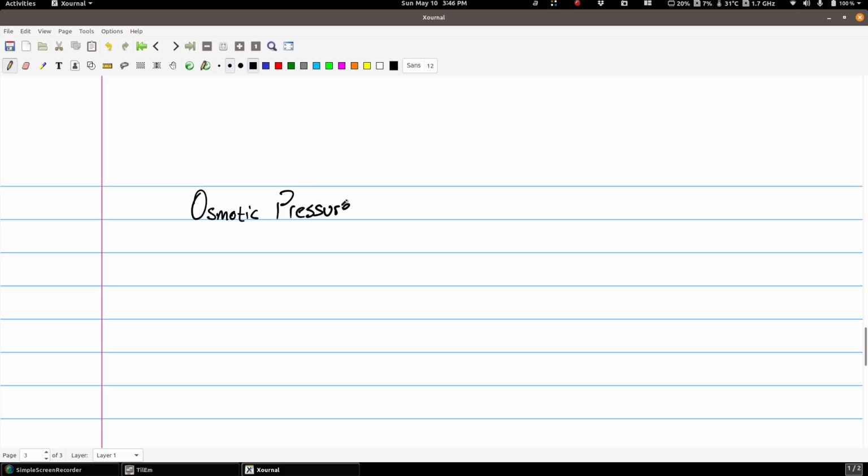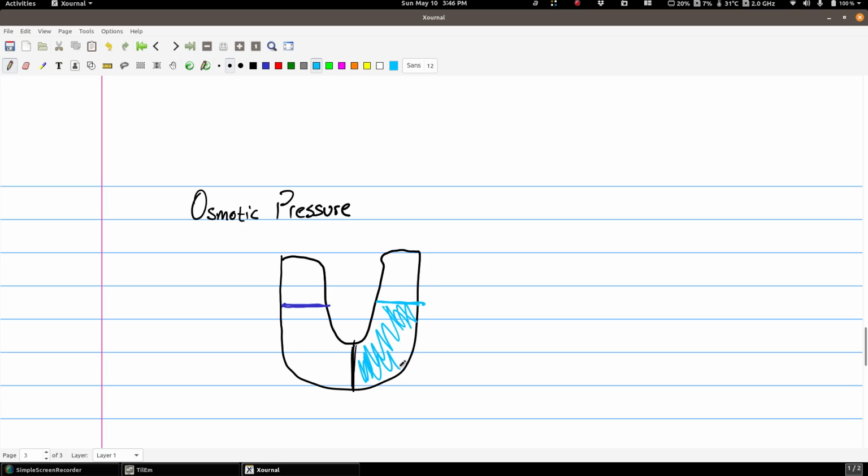Alright, so with osmotic pressure, usually you're going to have some sort of tube array or something like that. In your body, it's just the cell barriers or the membrane of the cells. So over here, you're going to have your solute or your solution. And over here, you're just going to have your pure solvent or water or whatever.